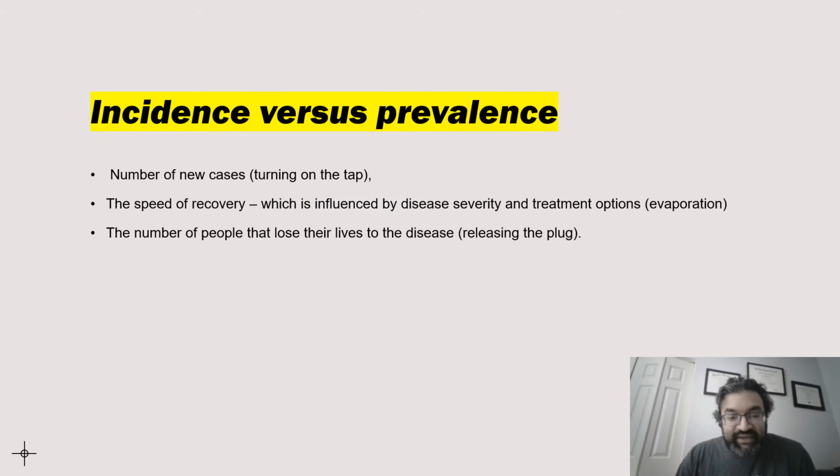So number of new cases, again, turning on the tap is number of new cases. Speed of recovery, which is influenced by disease severity and treatment options. So that's same as evaporation. And I told you, remember, the evaporation will actually decrease the prevalence in the bathtub. If you release the plug, that's the number of people that lose their lives to the disease. So if you release the plug, then the prevalence will decrease.